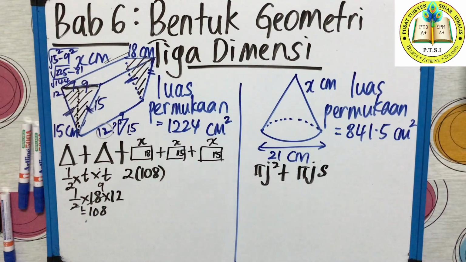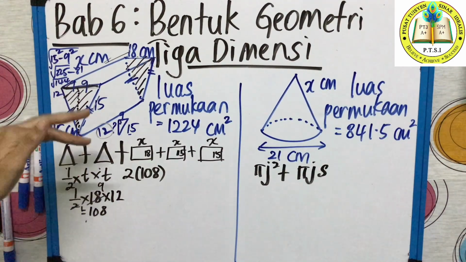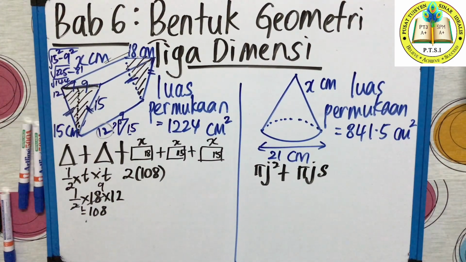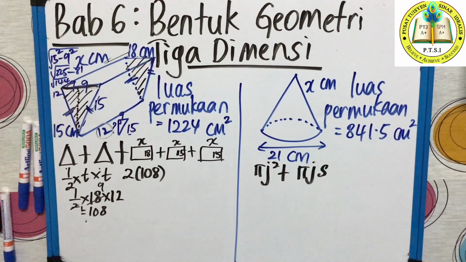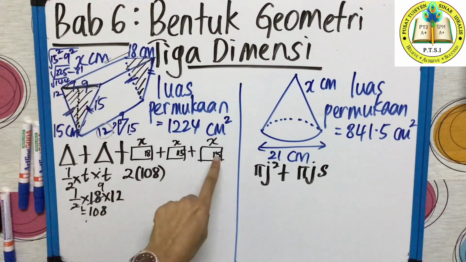Are you all clear class? Triangle 2 also same. 1/2 times base times height. You solve it, you get 108. So 2 times 108 kerana ada 2 segitiga. But rectangle semua segi 4 tepat tak sama. That's where students will make mistake. So what you supposed to do? If you draw like this small rectangle, you label the number.